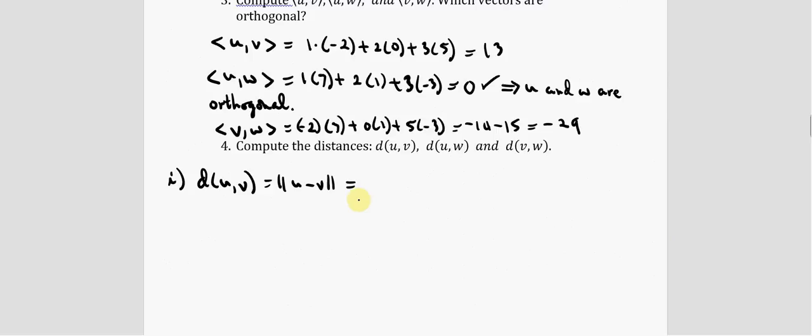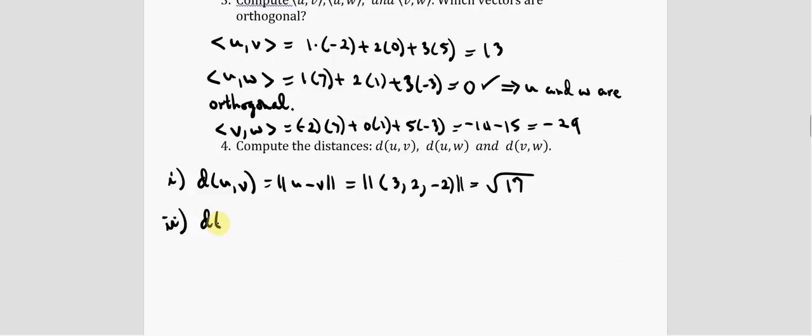Well, this is the norm if you take u and v, and I think we looked at a bit of that earlier. So when you subtract those two vectors, we get 3, 2, and negative 2. And that's the square root of 9 plus 4 plus 4. We did do that earlier. That's the square root of 17.